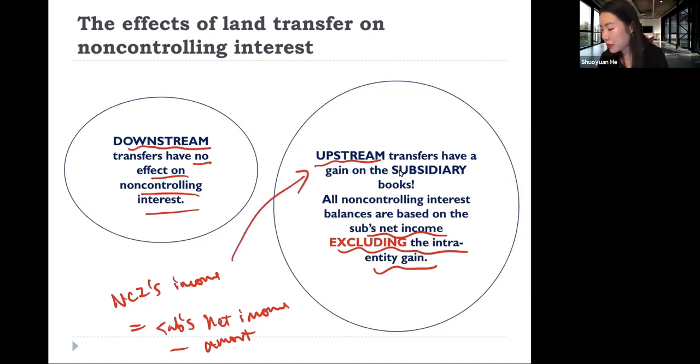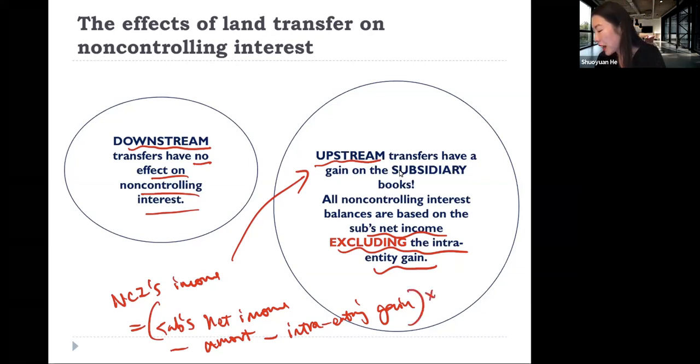But if it is an upstream transfer, we need to take out the current year intra-entity gain, but we need to add back the reversal of the previous year's gain, and then multiply by the percentage of non-controlling interest. So this is the same idea as what we talked about last class when we talked about intra-entity inventory transfer.